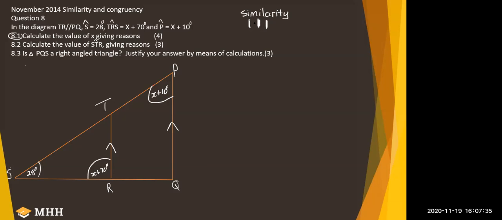You recognize similarity with the three lines, and congruency. Congruency is when the two triangles are equal to each other, but we don't write just two lines, we write three lines for equal. And similarity, write down three vertical lines, sharp.